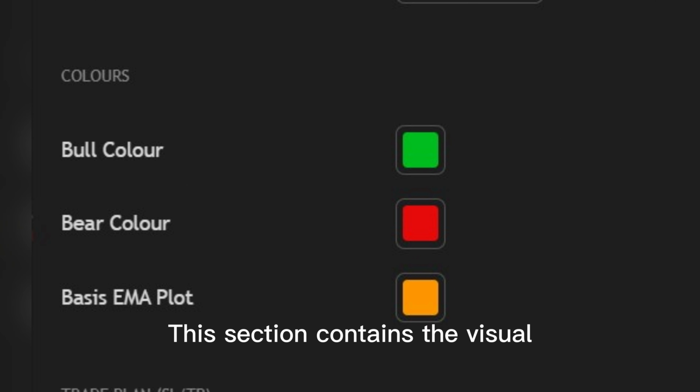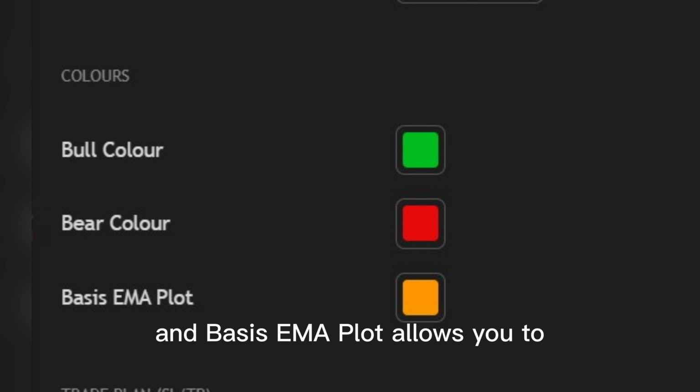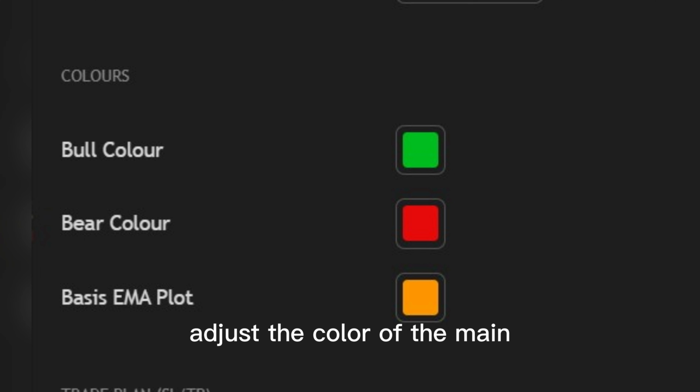This section contains the visual color settings of the indicator. Bull color determines the color of candles and markers that represent the bullish trend and long mode. Bear color determines the color of candles and markers that represent the bearish trend and short mode. And Basis EMA plot allows you to adjust the color of the main EMA line you see on the chart.